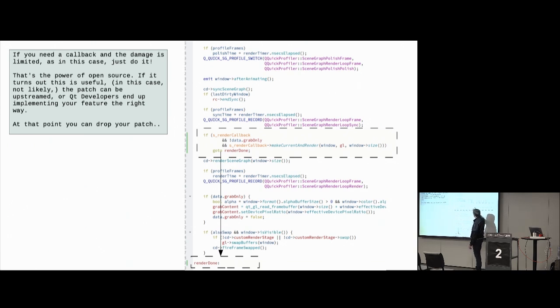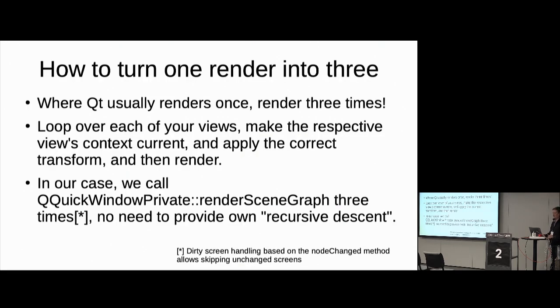So pretty much saying, we'll handle this. And then what the callback does is essentially to render 3 times by borrowing the rendering context from each of our 3 views, making them current, and then rendering. We didn't need to do any recursive descent or our own rendering. We used what Qt had before.